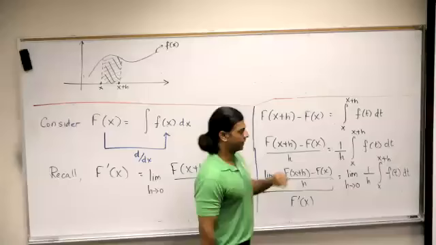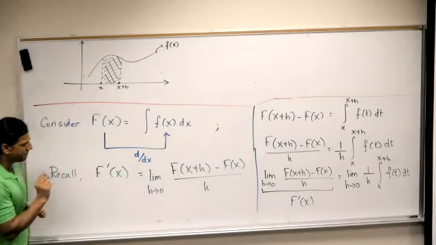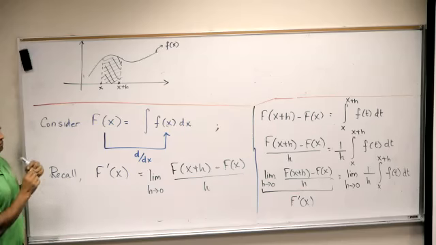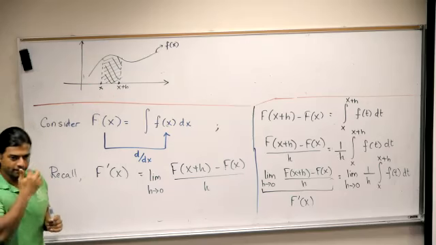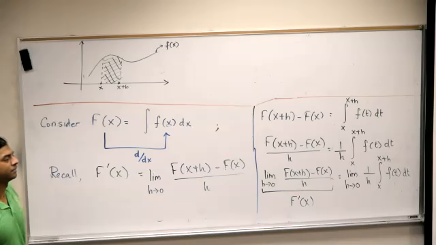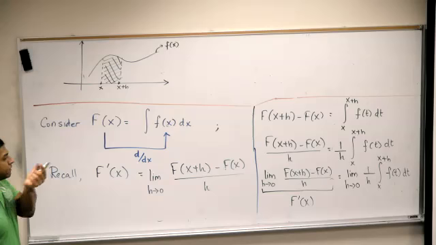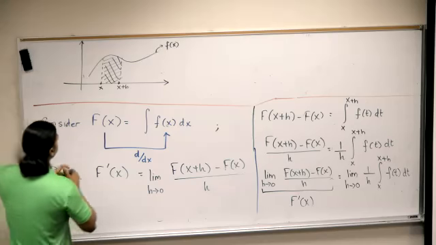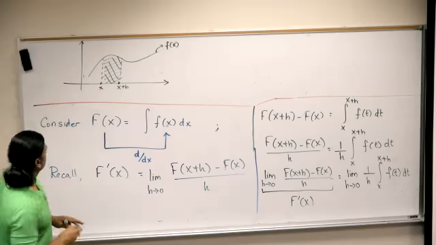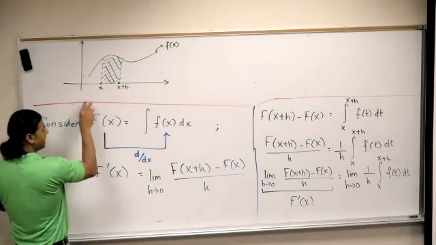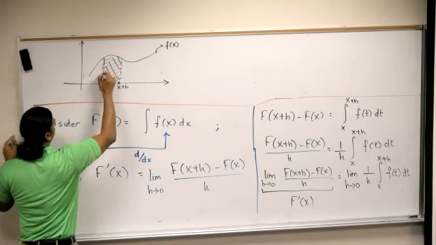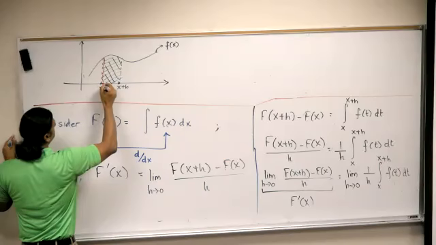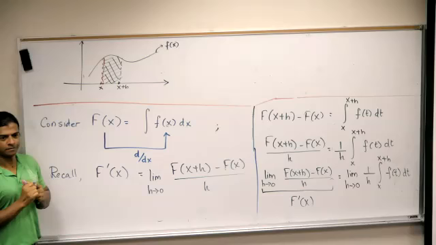Do we agree? Now, what would happen to that area as I bring h closer and closer to x? It gets smaller? It's going to get really, really small. Agreed? So let's say I made h very close to 0. And I'm right there at that point.